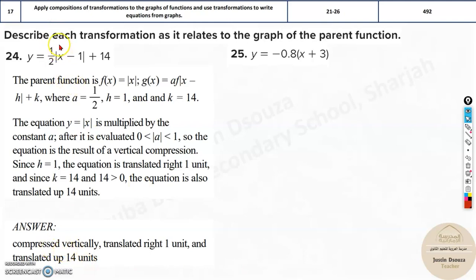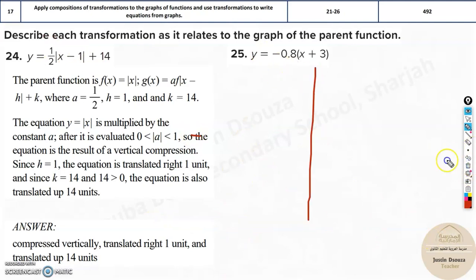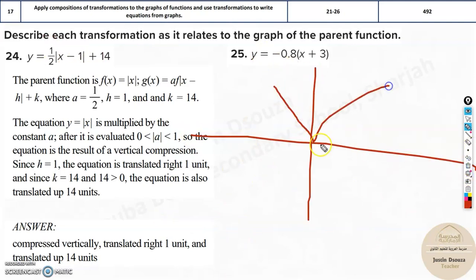And lastly, here there is one more thing: whatever is inside with x. What is this? x minus 1, you need to equate this to 0. The x value is equal to 1. Imagine this is the absolute value function.